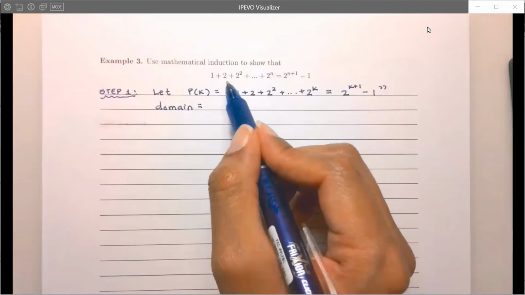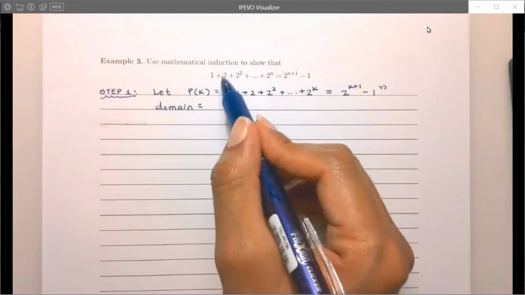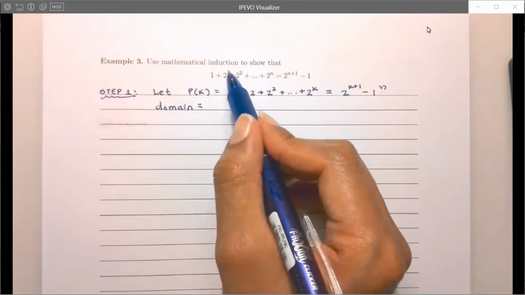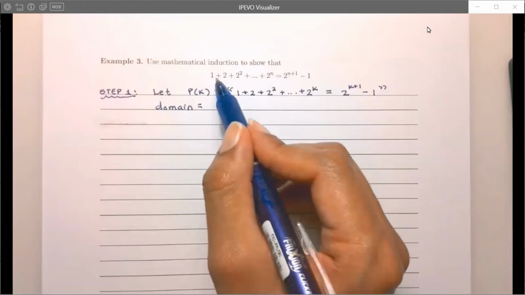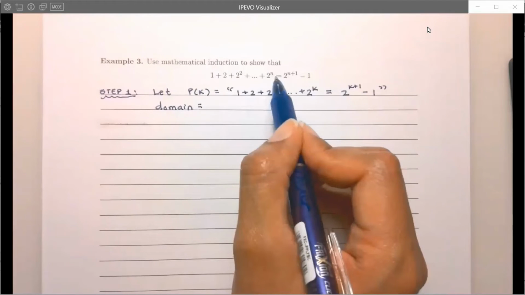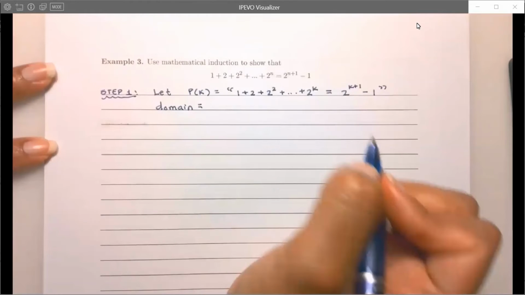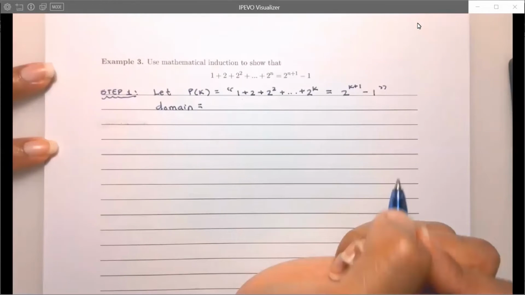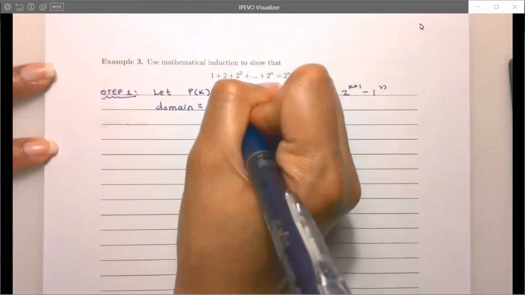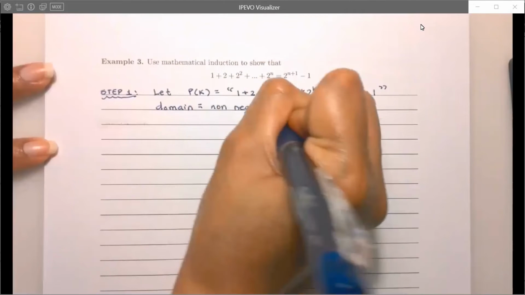If you take a look at the sum, the first term, if we were to break it down to only one term, would be 2 to the 0. And then we have 2 to the 1, 2 to the 2. So that means that 0 is really the first n value that we can have in this statement. So for the domain, we're going to be considering all non-negative integers. And so we could just write it as non-negative integers.